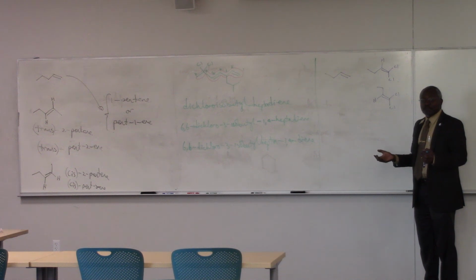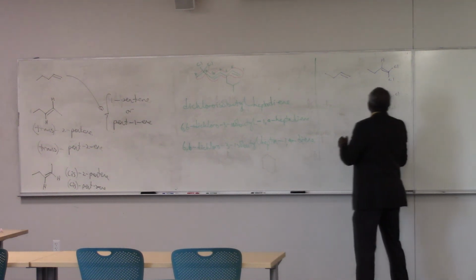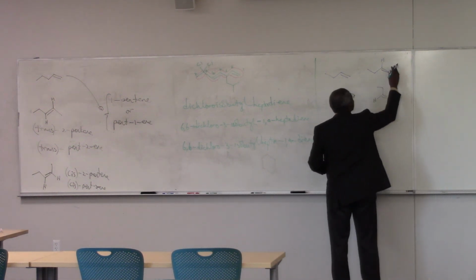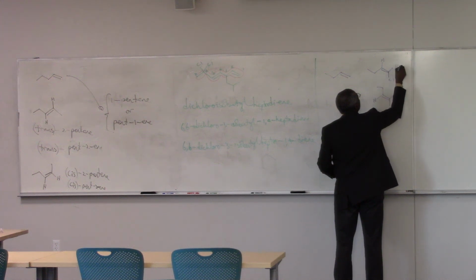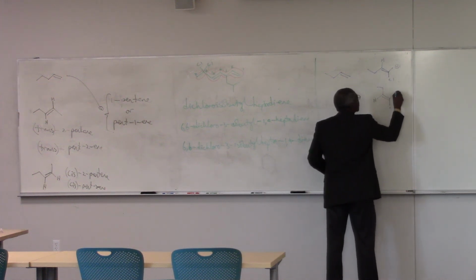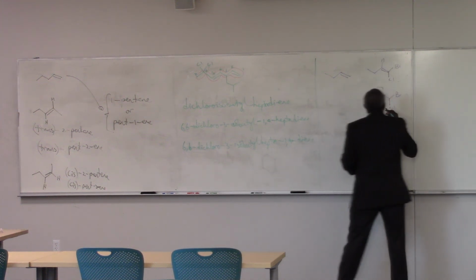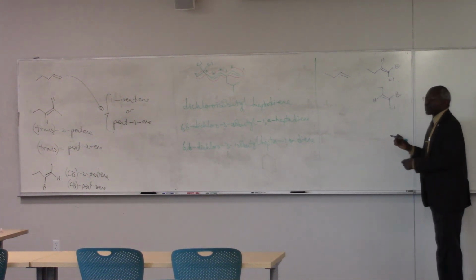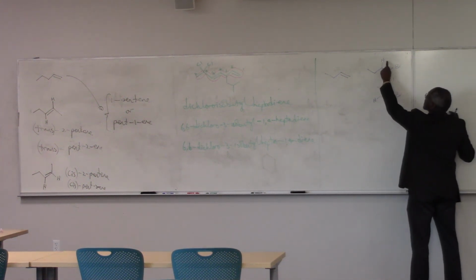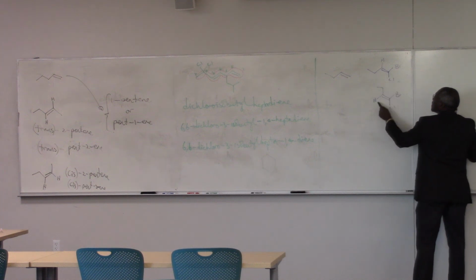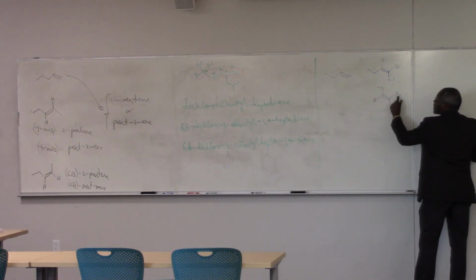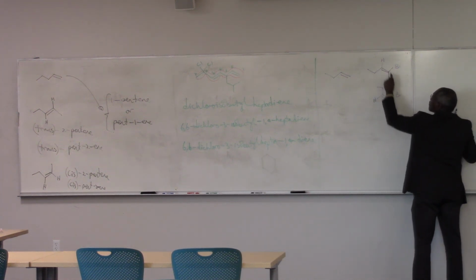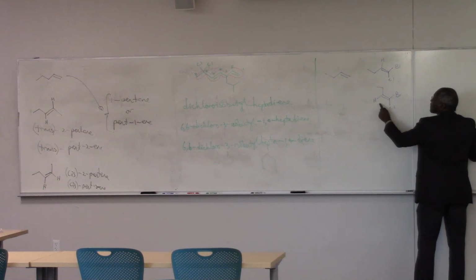So if I have the same two groups on any one of the vinylic carbons, geometric isomerism is not possible. On the other hand, if one of these was a bromine, and I flipped the H and the ethyl, well, now these are different compounds, right? Because in this case, the H is cis to a bromine, and it's trans to a bromine. The H was trans to a chlorine, and was cis to the chlorine.